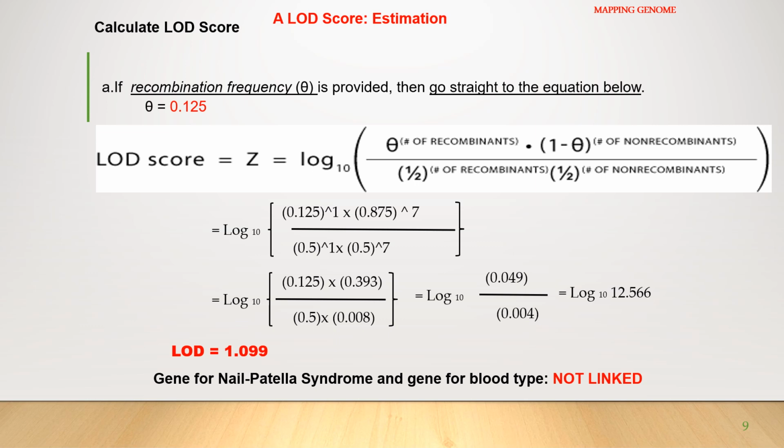Here, after calculation, we get the value as log 10 of 12.566, which, once we find it from the logarithm table, is a LOD score of 1.099. Now, in this case, the LOD score is less than 2. Hence, it can be concluded that the gene for Nail-Patella syndrome and the gene for blood type are not linked to each other.